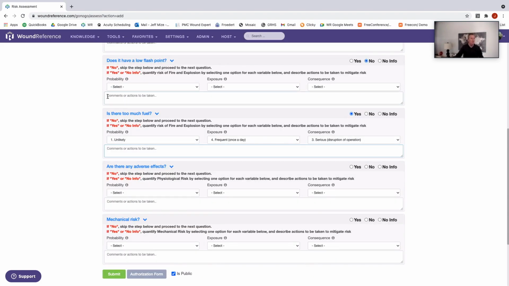However, in the comment section, you would want to note that the safety data sheet for Zeroform does not provide all of the necessary information in your risk assessment.